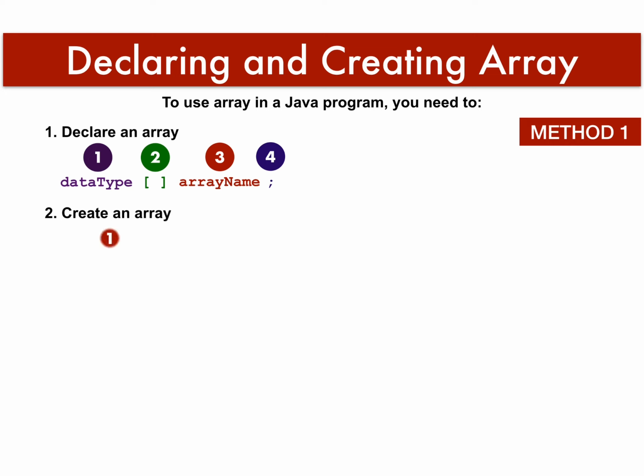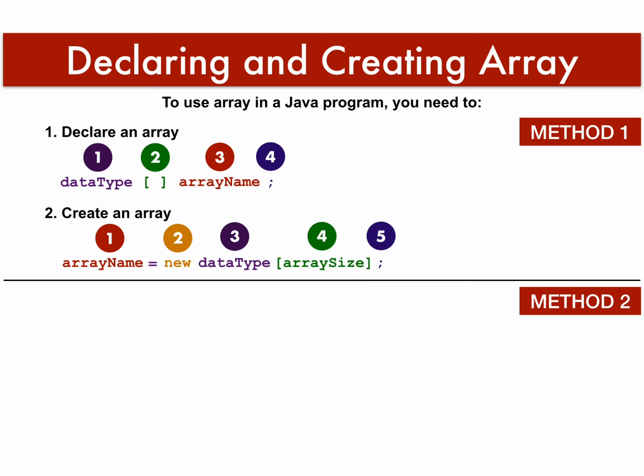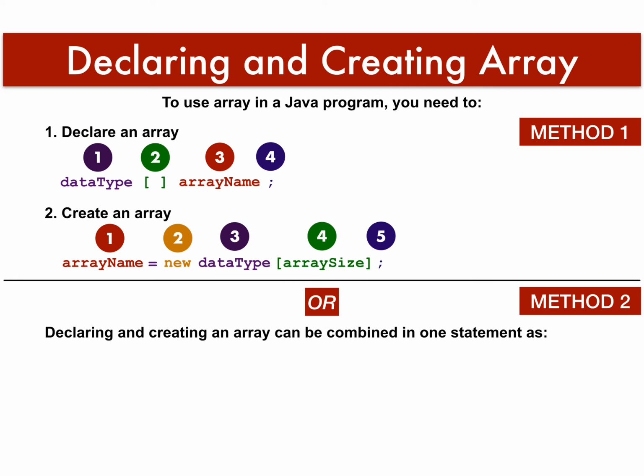After an array variable is declared, you can create an array by using the new operator and assign its reference to the variable. Or you can declare and create an array in one statement.